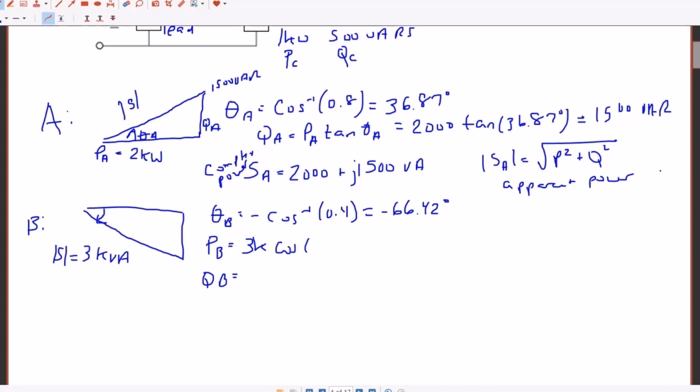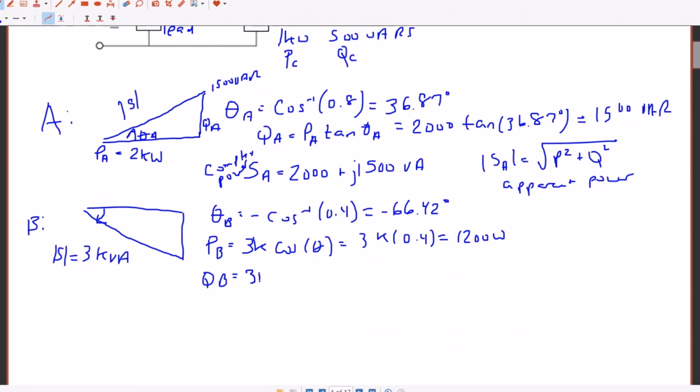Okay, so PB is 3k cosine of theta, but we know that's just 3k times the power factor, which we already had. So this is going to be 3k times 0.4. So that is 1,200 watts.